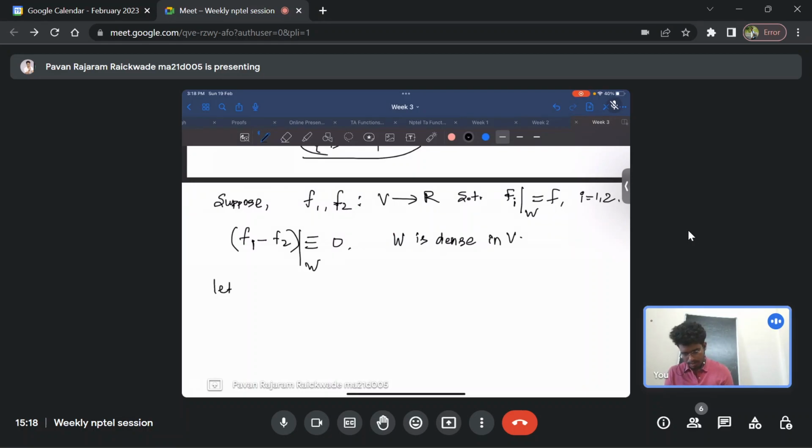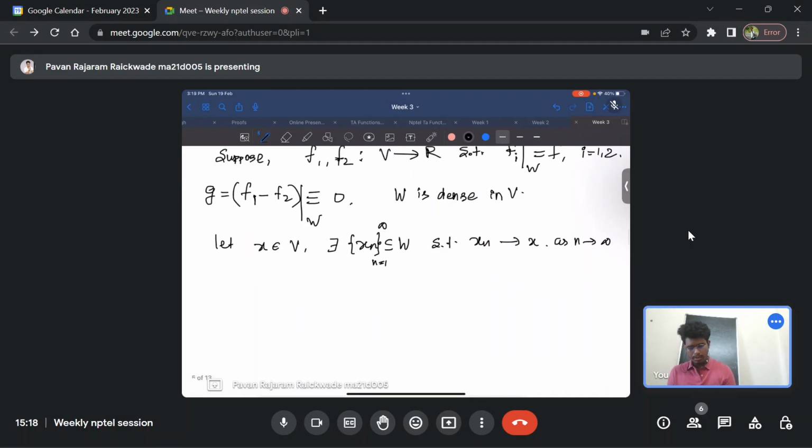For the moment, I call f1 minus f2 as G. Since f1 and f2 are continuous, G is also continuous.